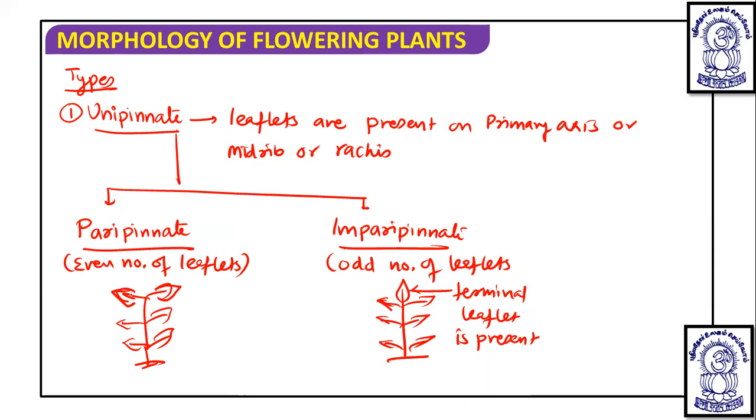If even number, they are paripinnate, because here the terminal leaflet is absent. If we talk about the examples of paripinnate, then it is acacia and tamarindus.